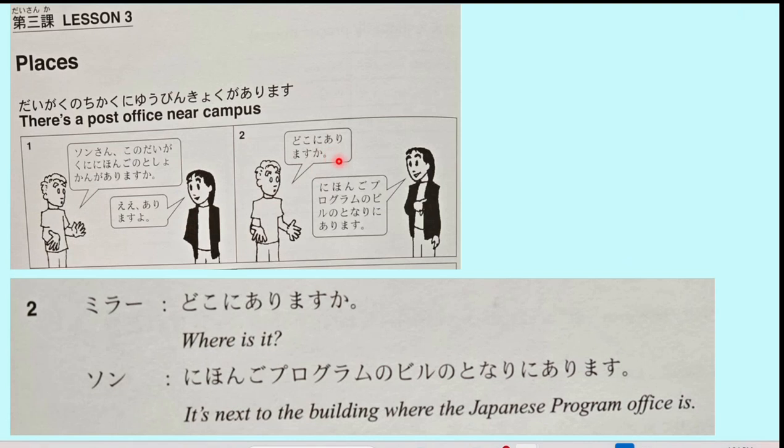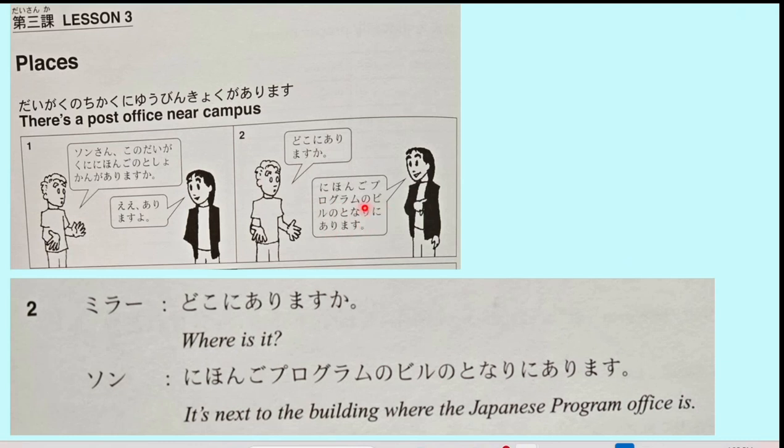Doko means where. This also we have learned. Koko, soko, asoko will be the answer. Koko means here, soko means there, and asoko means over there. So "doko ni arimasu ka?" means where does it exist? Where does it lie? Where is it? And then Sonsan replies, "Nihongo puroguramu no biru no tonari ni arimasu."